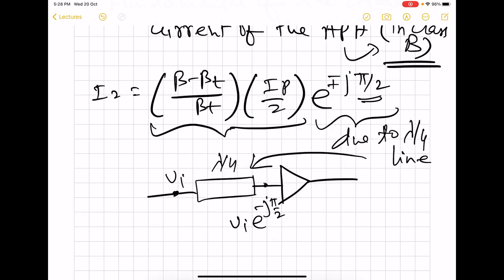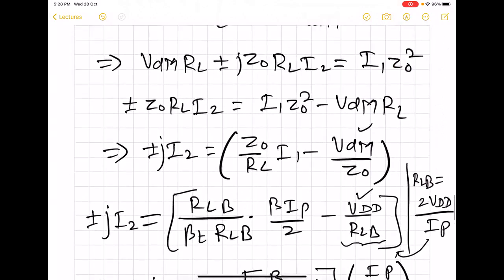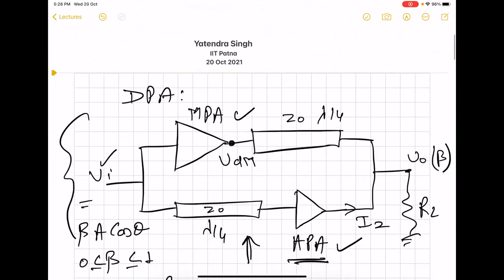Okay. So we have found what should be the current provided by the auxiliary power amplifier so that, for the higher drive region also, the main power amplifier drain location is always fixed at VDD. That means it is always operating at high power efficiency.